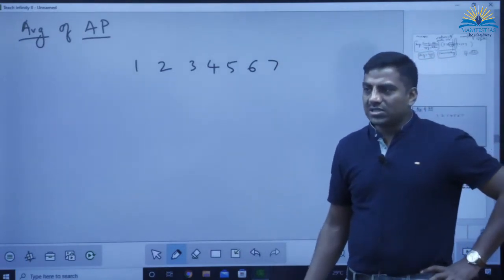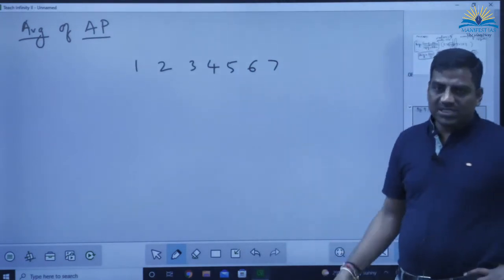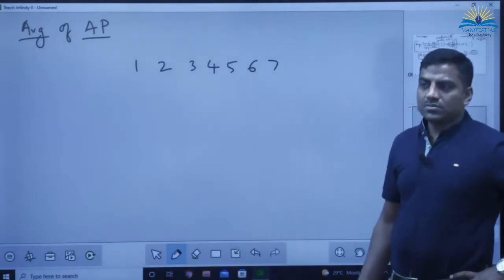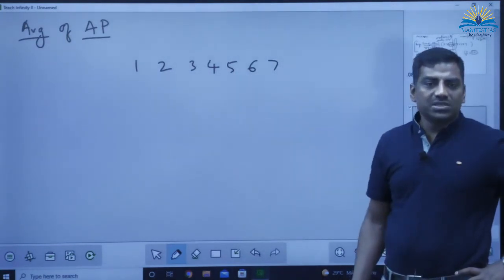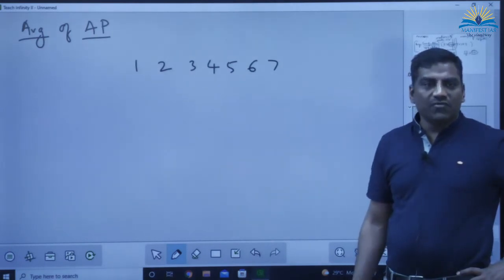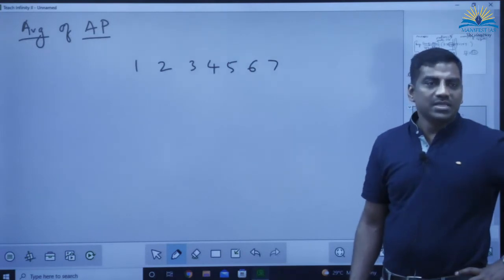Isn't it an arithmetic progression? Consecutive numbers, they are arithmetic. Consecutive odd numbers 1, 3, 5, 7, 9. Aren't they in AP? They are.